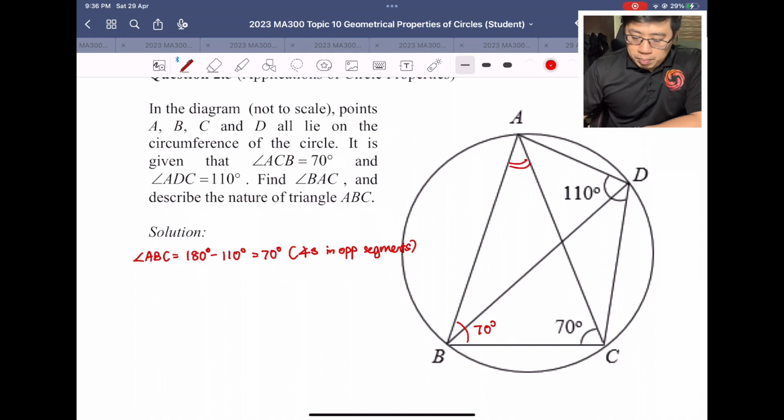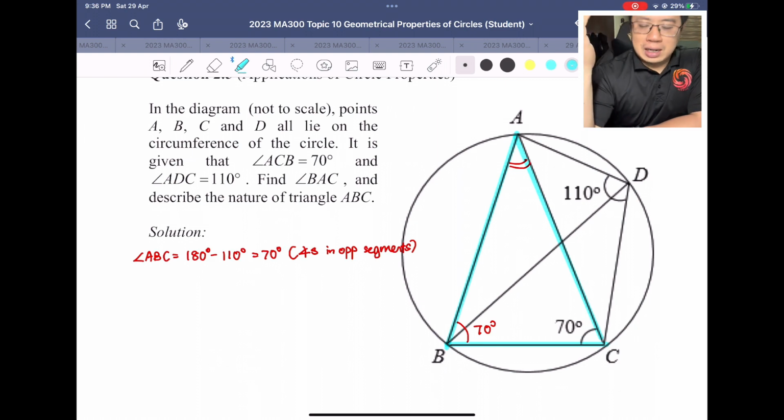So then what about BAC? So now I choose to look at this triangle here. We really can choose, you can use a lot of highlighters for your working. You can use all different color highlighters to help you to see the triangles or the segments or the butterflies or the quadrilaterals that you need. So next we are supposed to find angle BAC.